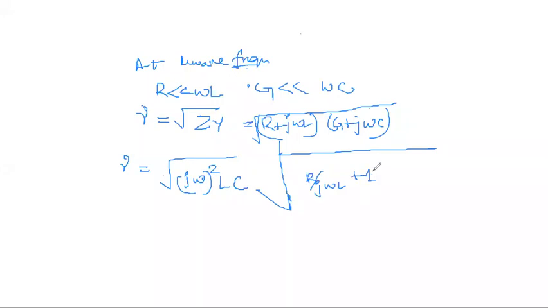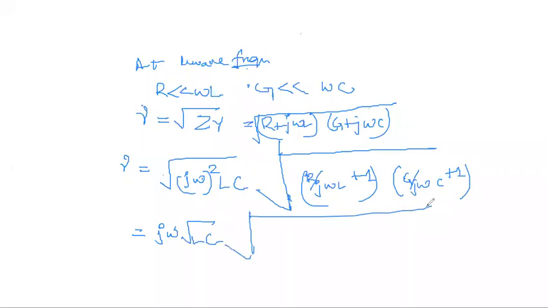Similarly for the other, it will be G by j omega C plus 1. If you multiply, j omega will remain, the square and square root get cancelled. This will be square root of LC, times square root of 1 plus R by j omega L into 1 plus G by j omega C.